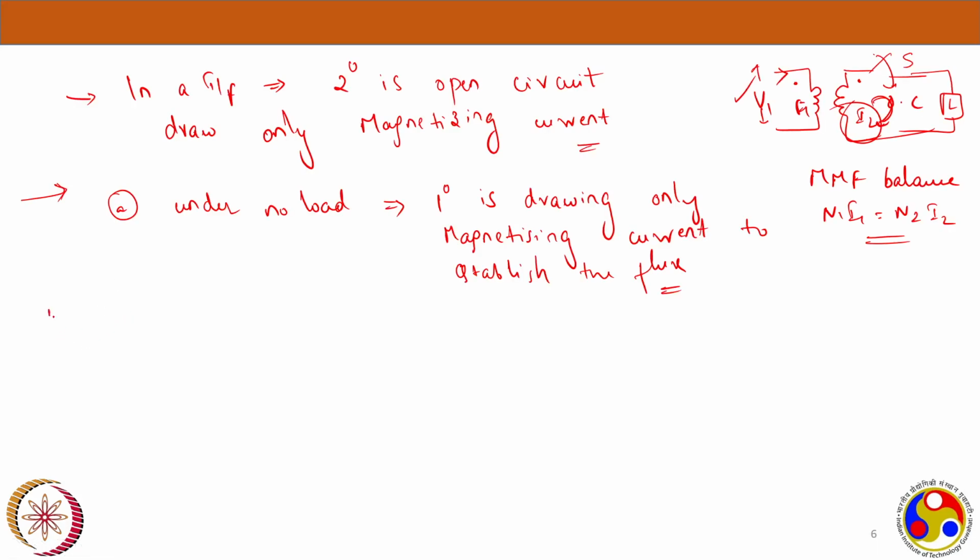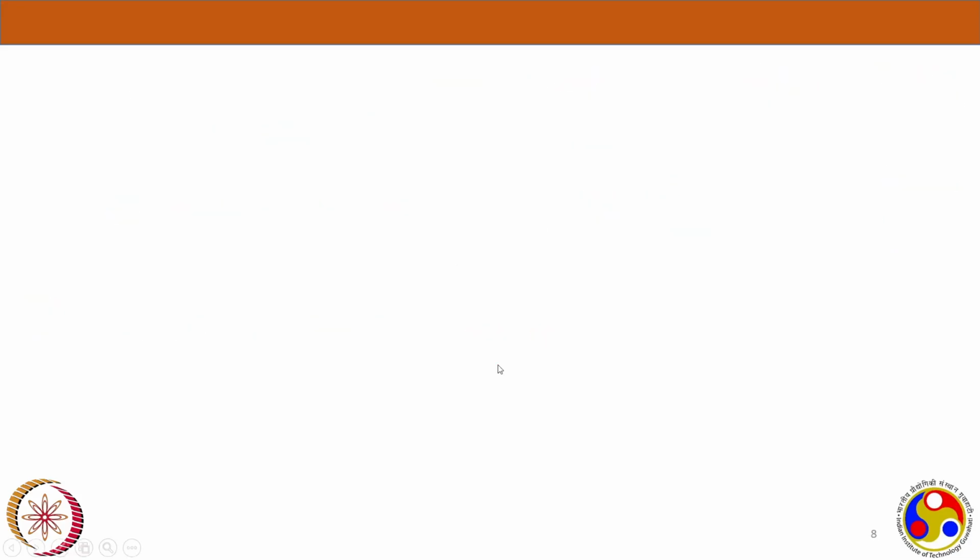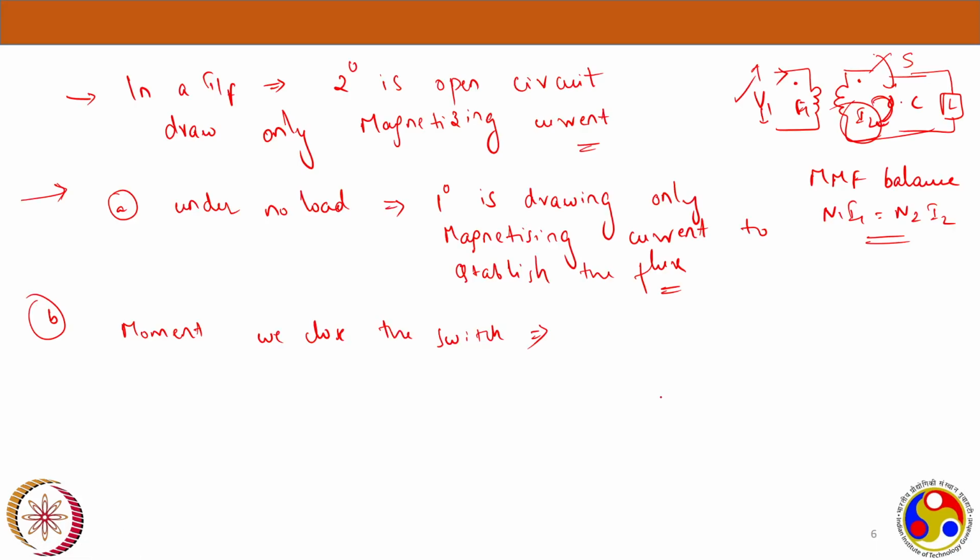In the second case, we have connected a switch and tried to connect a load to the secondary. So the moment we close the switch, what will happen? I2 will be passing, secondary current will pass, right?